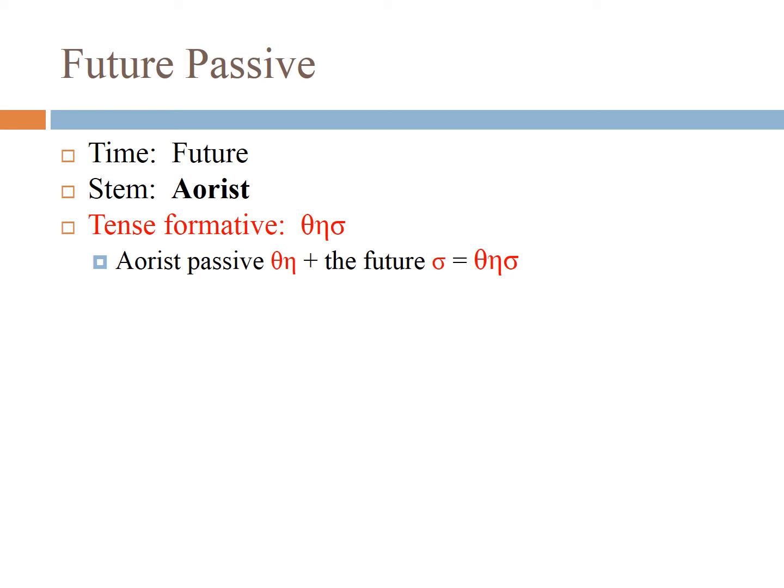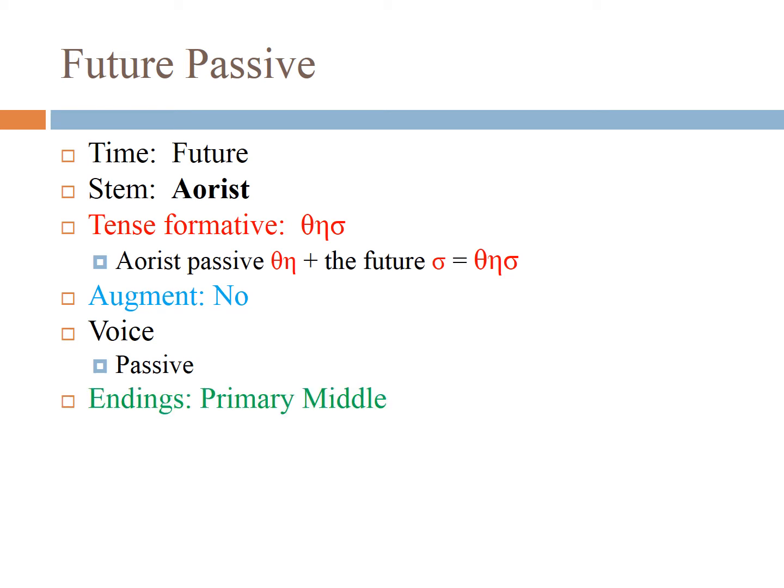You can think of it this way to remember when you look at it that this is a passive future. No augment. The voice is passive. It's the only thing that it is. The endings are primary middle. The aspect is undefined. He will be seen.